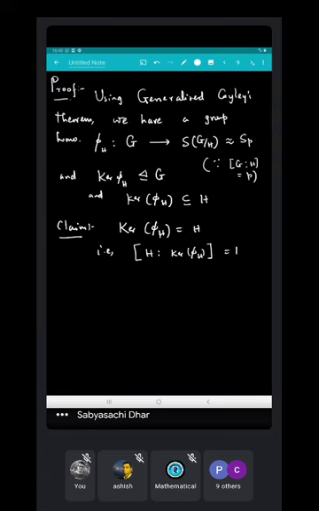Now let me first compute the order. The order of G over the kernel of phi_H divides the order of S_p by the first isomorphism theorem.